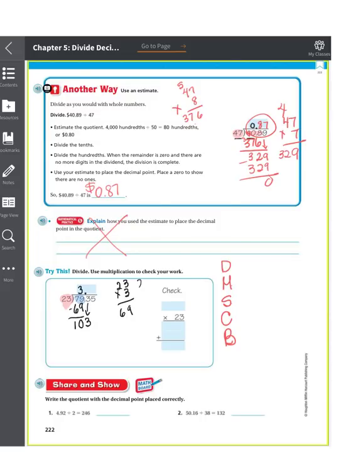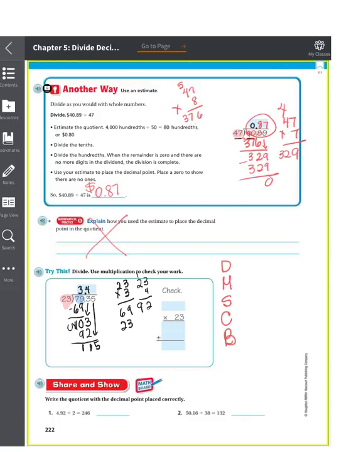It's probably about 4 times, so 23 times 4, 92. 11. Right there. And bring down the 5.